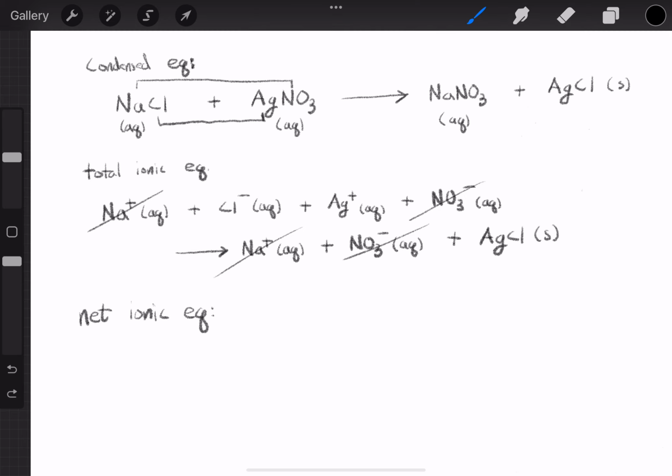We get silver plus in solution combining with chloride ion in solution to generate the precipitate silver chloride.